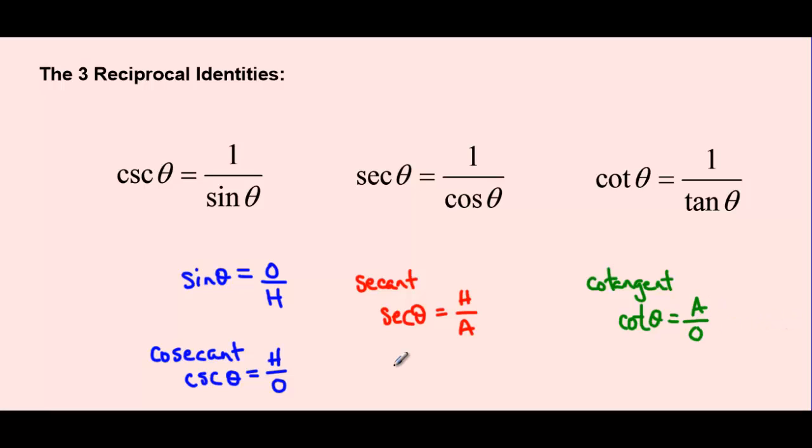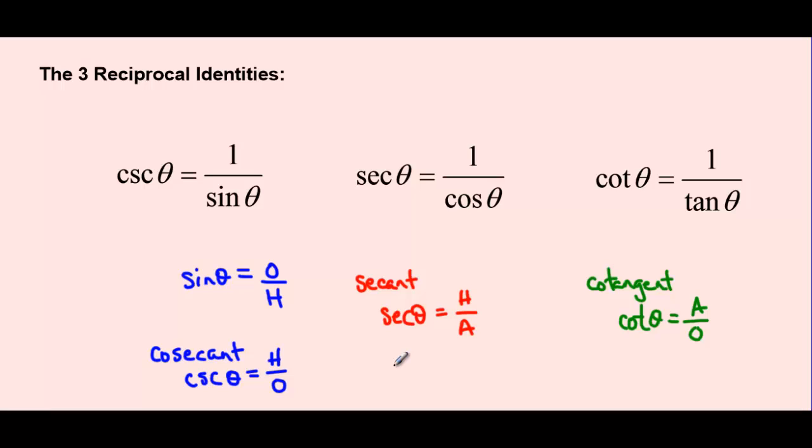We do have to be a little bit careful when we remember each of these different terms and which primary trig ratio they're associated with. Tangent and cotangent are easy to remember that they go together. But oftentimes we think that cosecant goes with cosine and secant goes with sine. But in actuality, they are flipped.